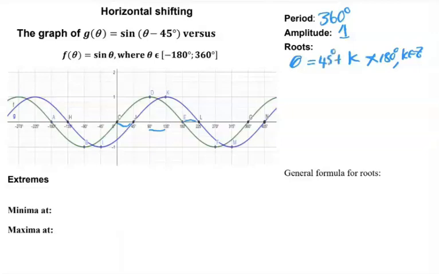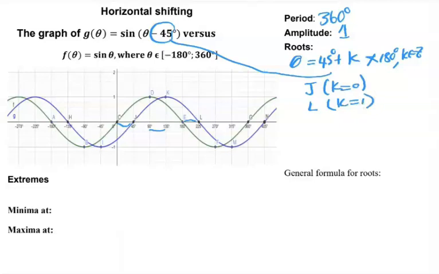So if I take my first value, this minus 45 here becomes a plus 45 there. If k is equal to 0, then I'll get my first root. This is when k is equal to 0. When k is equal to 1, I will get 45 plus 180, which gives me the value at L. This is when k is equal to 1, etc. You can check all the roots like that.